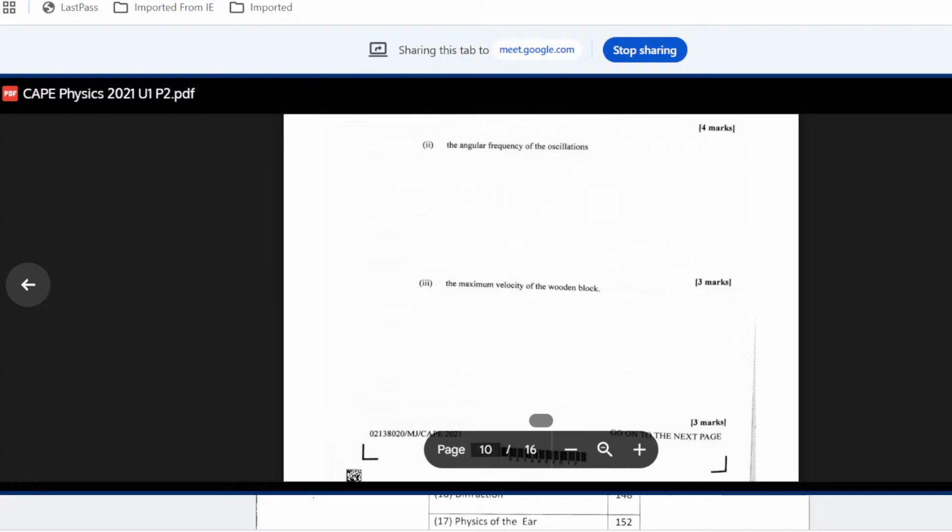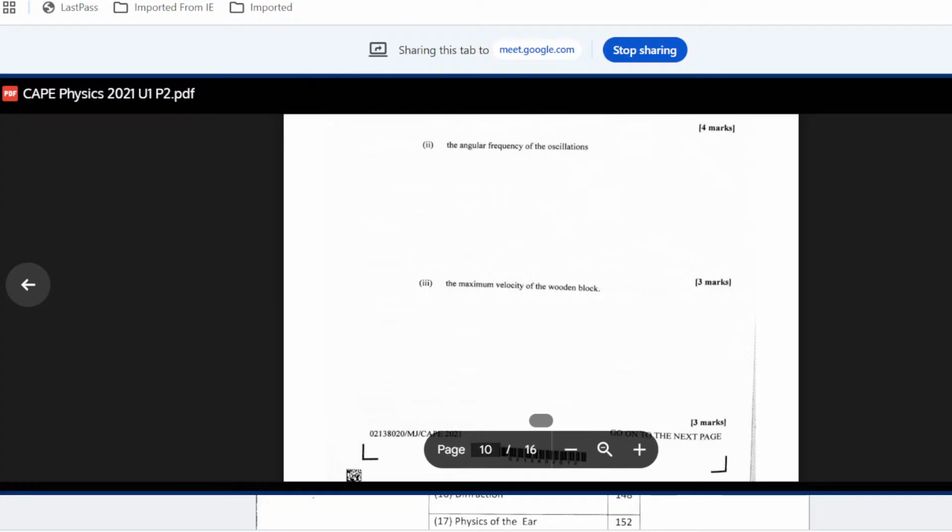I got it to be 5 pi, so about 15 point something. Wait, what? I may have done something incorrectly. What did you use as T?